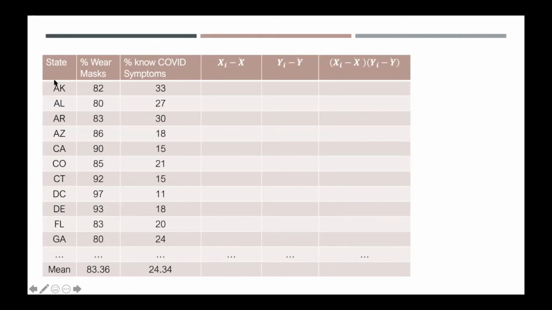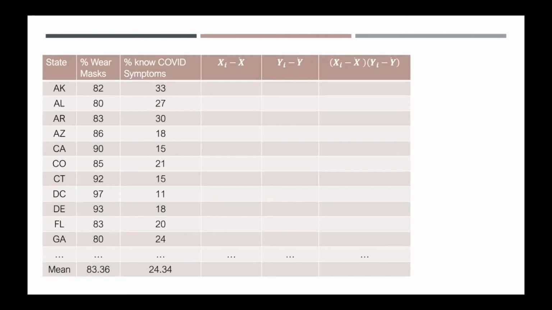And what you can see is that for each state, we have the percent of respondents who reported wearing a mask most or all of the time in public, and the percent of respondents who know someone with COVID symptoms. So for Alaska, 82% of respondents reported wearing a mask most or all of the time in public, and 33% of those respondents in Alaska reported knowing someone with COVID symptoms.